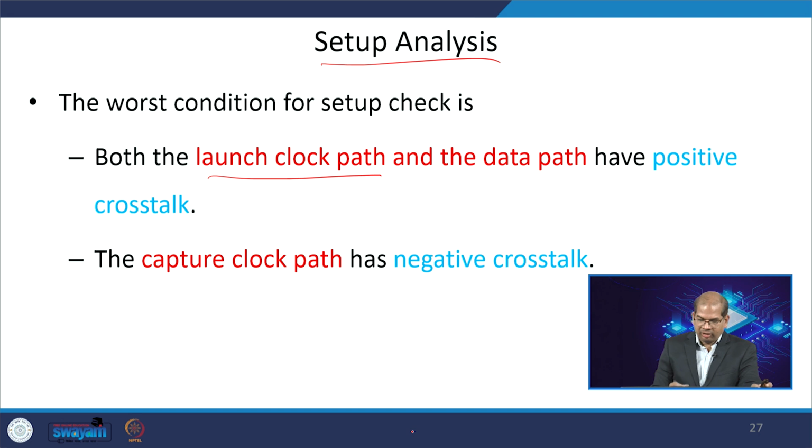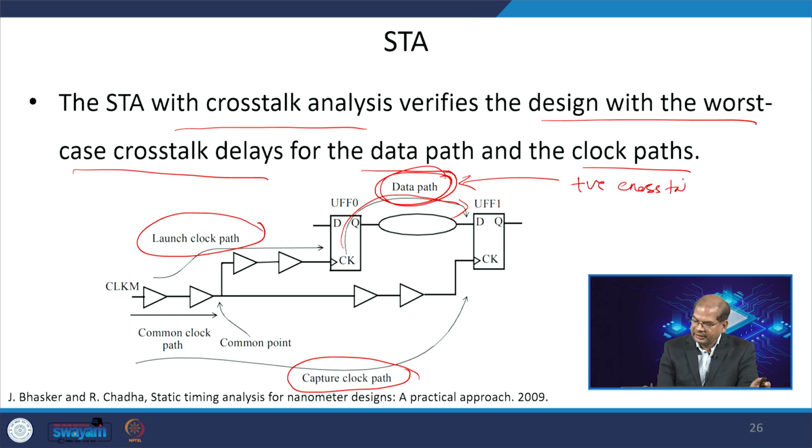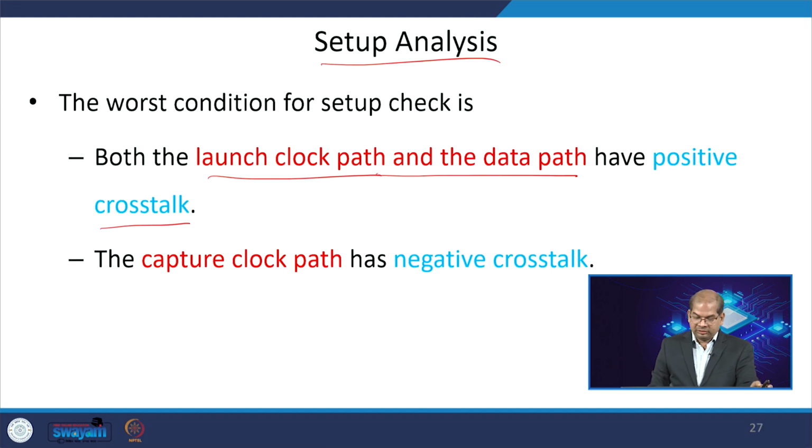So, the launch clock path and the data path should have positive crosstalk delay, because I need to make it worse, and the capture clock path should have negative crosstalk delay for setup check.